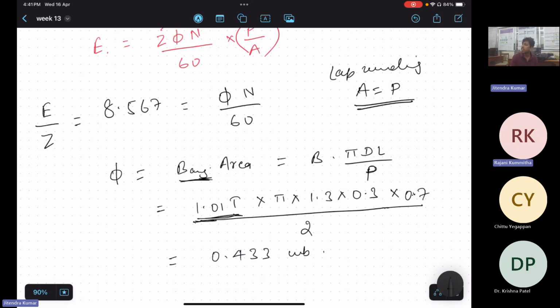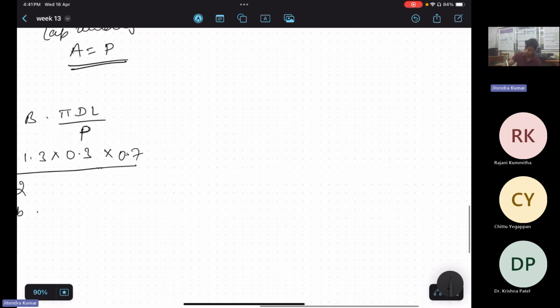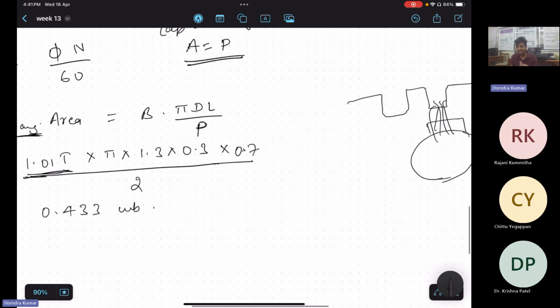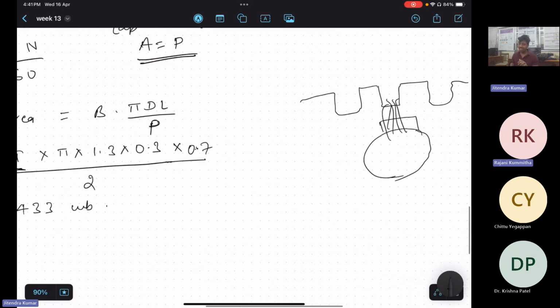Whatever flux is going per pole is pi D L by P. If P equals 1 only, then the answer will come, but we do not have to think according to the answer.